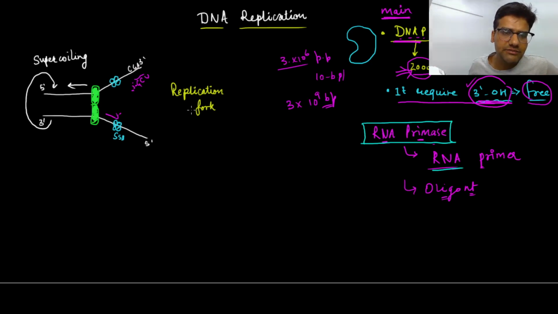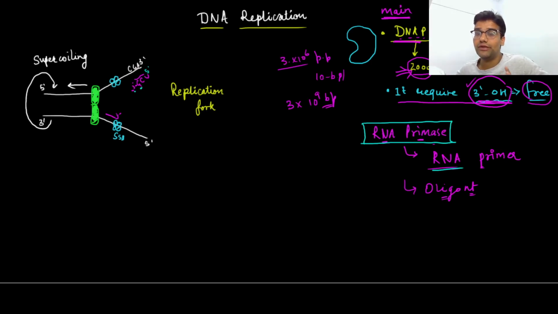This is the 5' end of the primer, this is the 3' end of the primer, and this G has a 3' OH, which is free. Similarly we have a primer here, and this has its 3' end free.